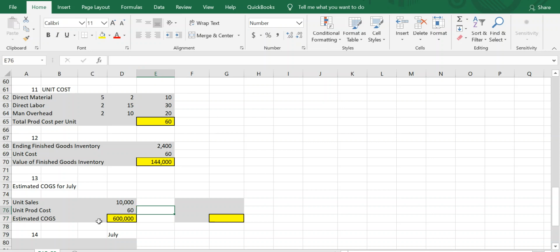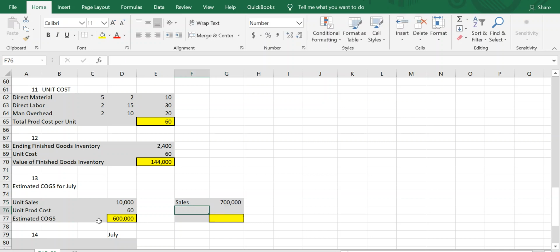So if we look at this and we're going to calculate the gross margin, basically what we're looking at are sales. So we have our sales from our very first question where we had $700,000 in sales.